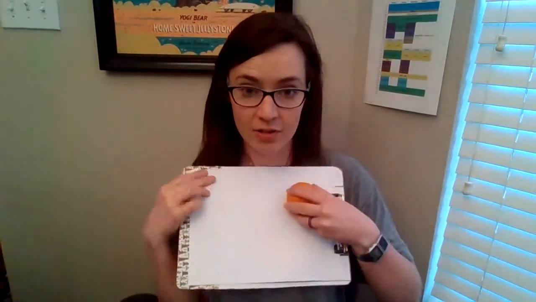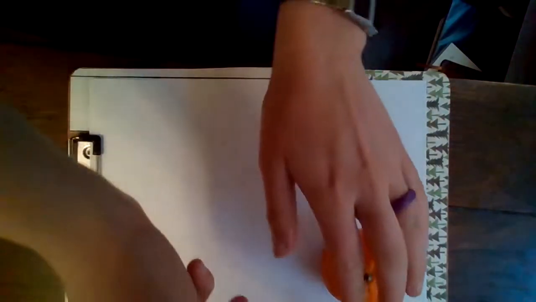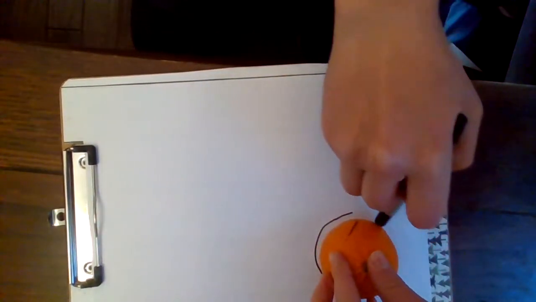So I am going to start by tracing the great circle on my paper just a few different times. I will tilt this down so you can see what I am doing. So I'm going to do it probably maybe 5 times, see how many times I can get it to fit on there, just trace the outline of the orange.